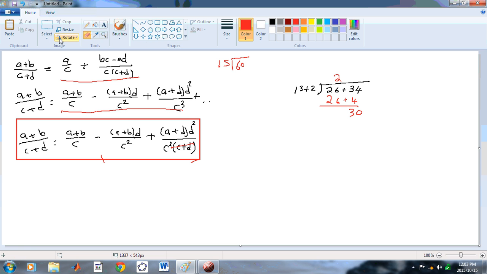Let's say I decided to choose 2 now instead of 13 as my partial divisor. So then I would have said 2 goes into 30 15 times, right? Okay. So then what is 15 times 13? Well, let's quickly do some long division here.